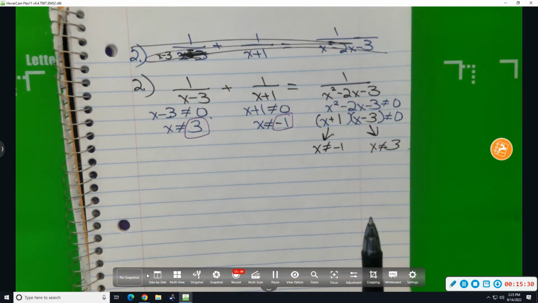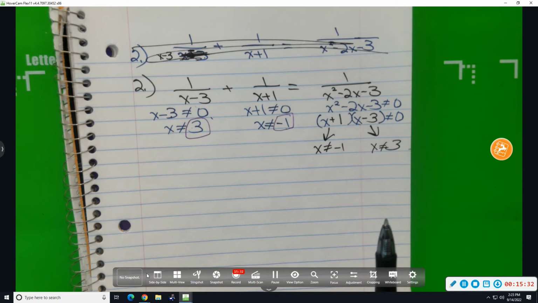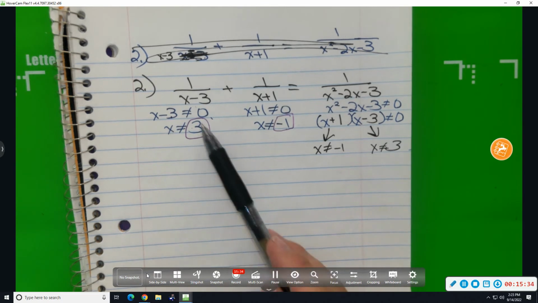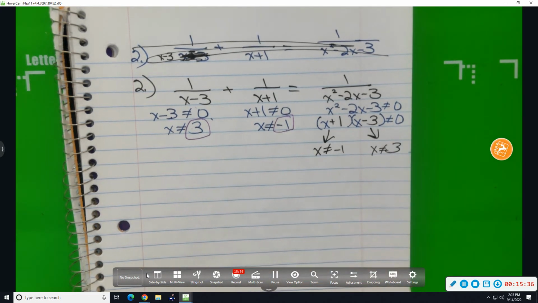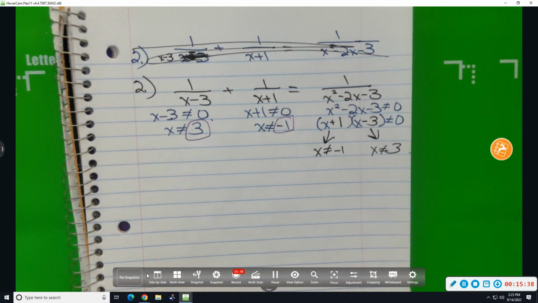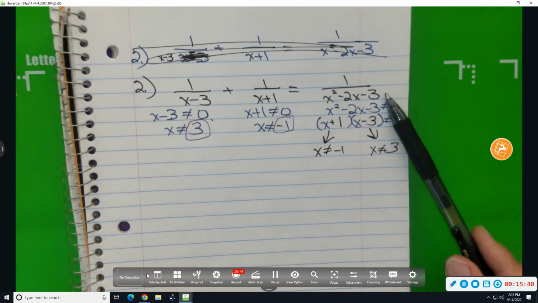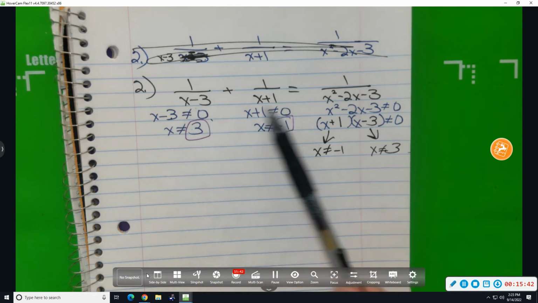So there are really only two numbers that cannot possibly be solutions, 3 and negative 1. Any questions? That trinomial, their factors using the other two denominators.